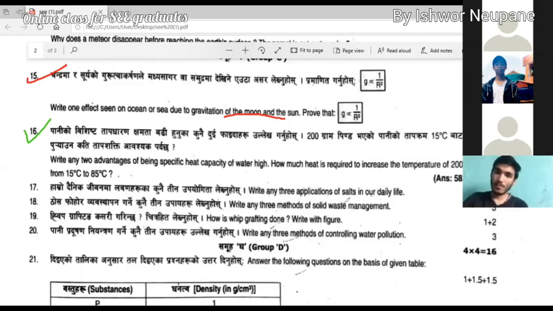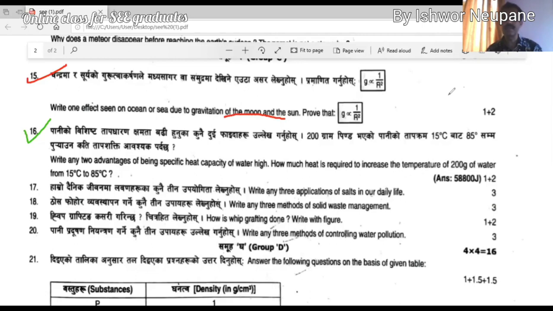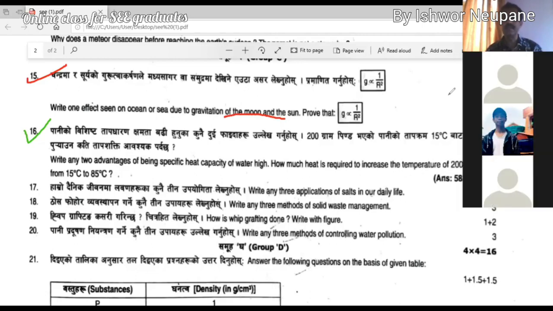The two advantages of water's high specific heat capacity are, number one, it can be used in hot bags. Number two, it can be used for heating purposes in cold countries. Is that okay? Yes, sir.